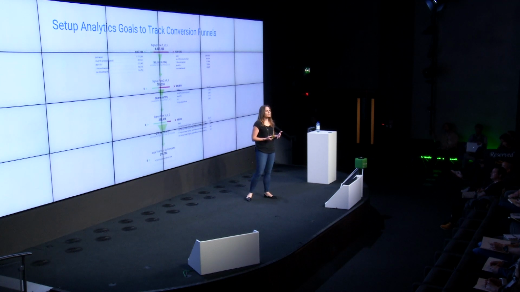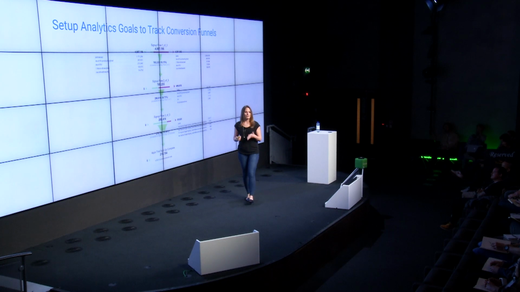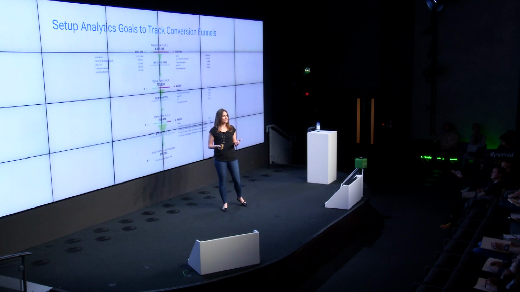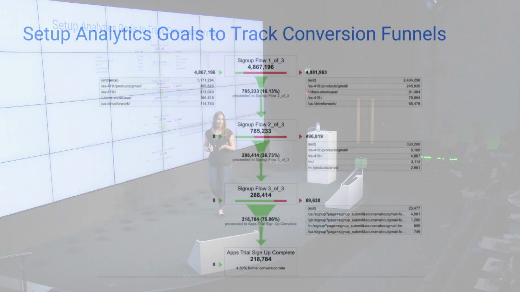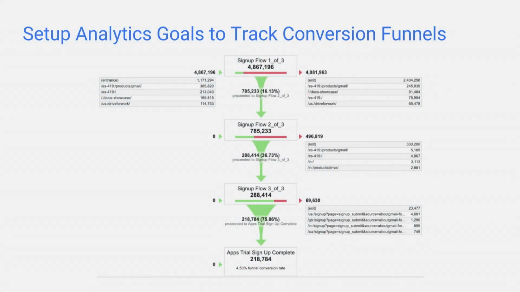And we had a 3-step sign-up flow to sign up for a free trial of our business. And so we had a goal that that sign-up flow had been completed. And here I have a goal funnel report in Google Analytics showing me each step of that 3-page flow. As you can see, there's actually a huge drop-off from page 1 to 2.